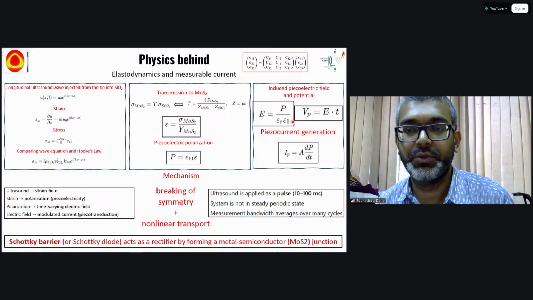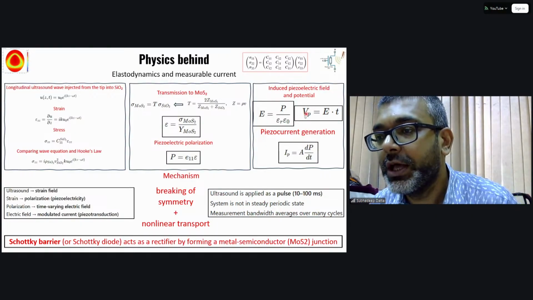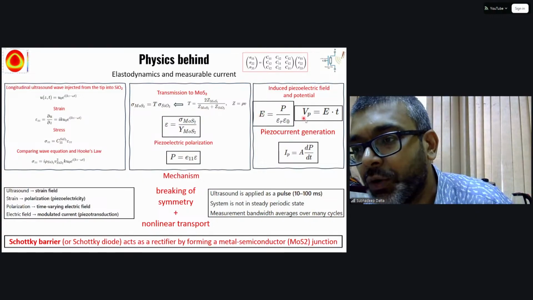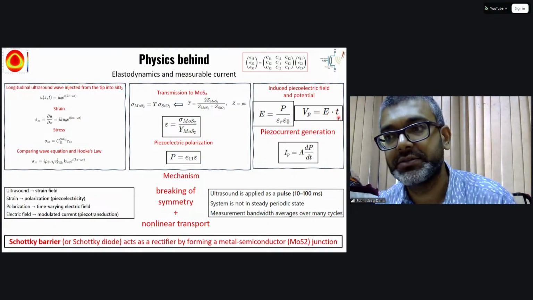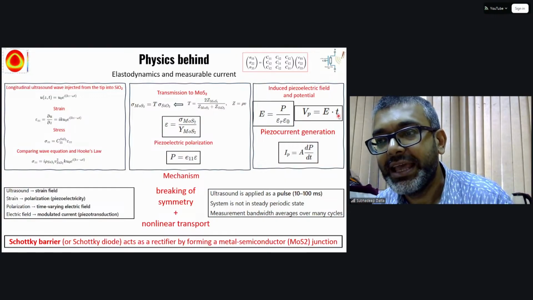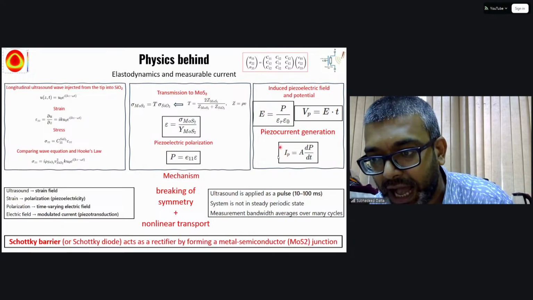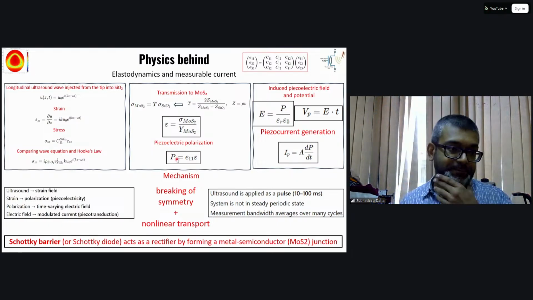Griffith, pure electrostatics, electrodynamics book. So from this electric field, you can find out voltage, which is E dot dr. So piezo current can be dP/dt. So the current will depend on the polarization derivative.